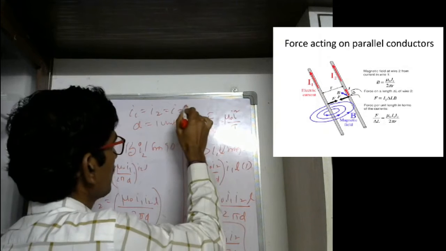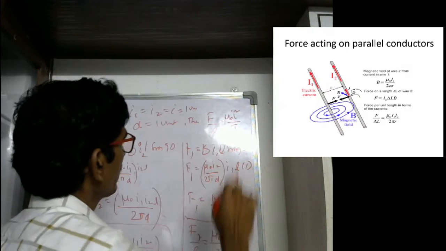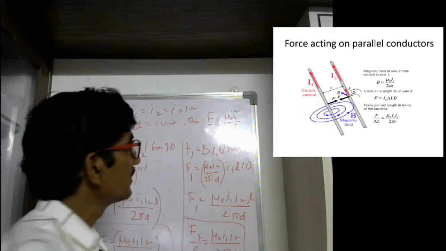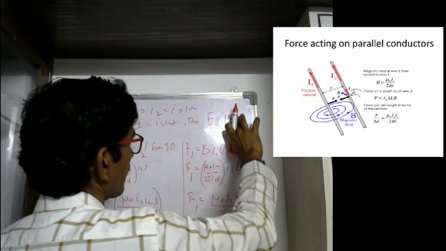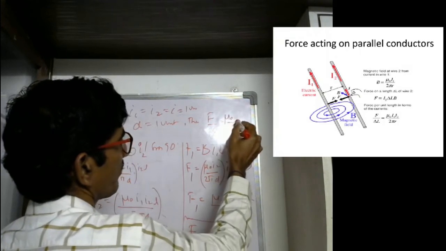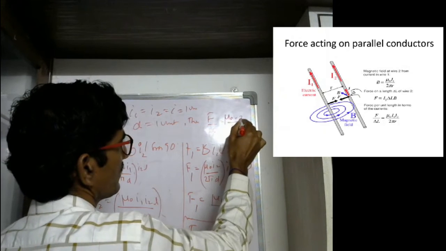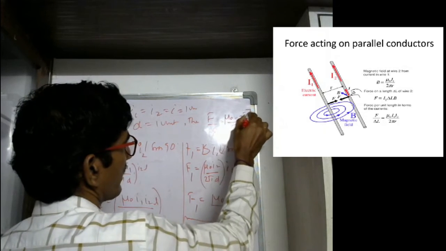Say this I is also 1 unit. Then what happens? If this is also 1, this is mu naught by 2 pi. This is 4 pi into 10 to the power minus 7, so 2 into 10 power minus 7.